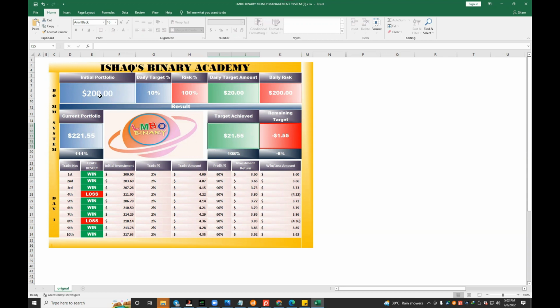So if I modify it, for example, I'm taking 30% of my target and 40% of my balance. So $80 is what I'm going to risk. Then you need to increase the percentage.